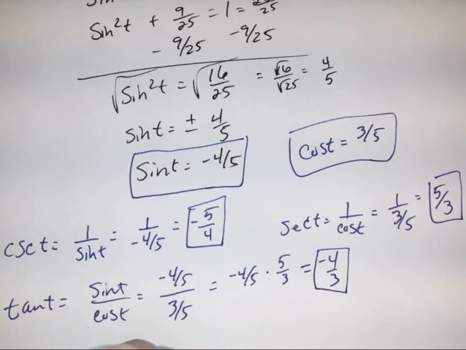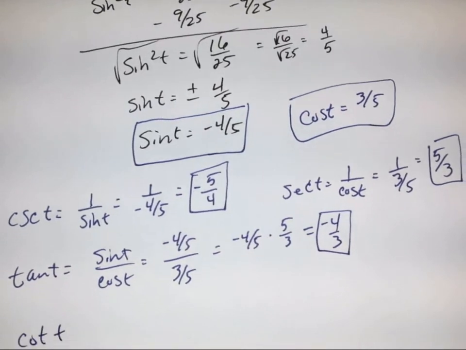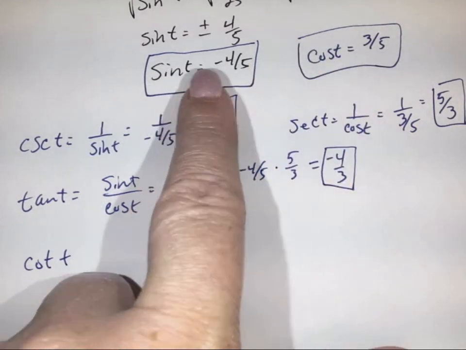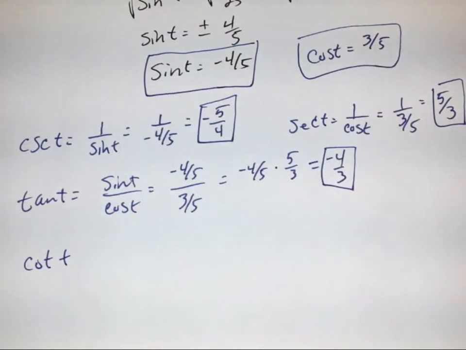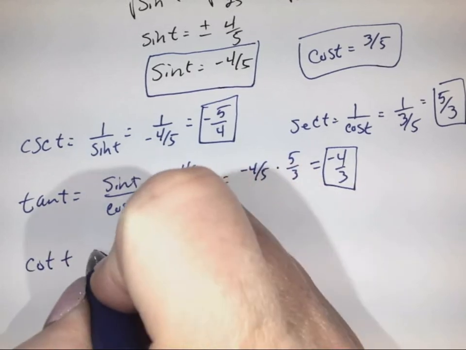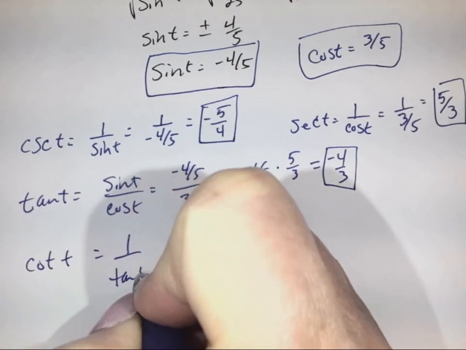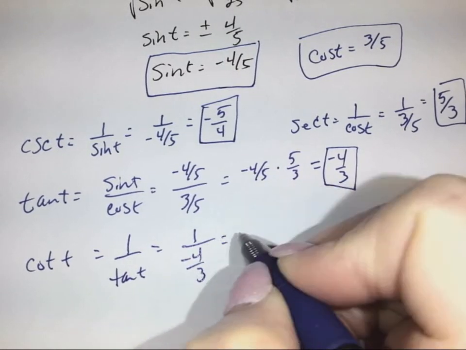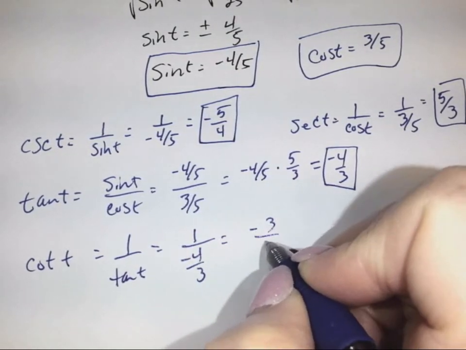And then the cotangent t, we can find this one of two ways. We can either put the x over the y, or cosine over sine, or we can say that it's 1 over tangent t. So this one is 1 over negative 4/3, which would become negative 3/4.